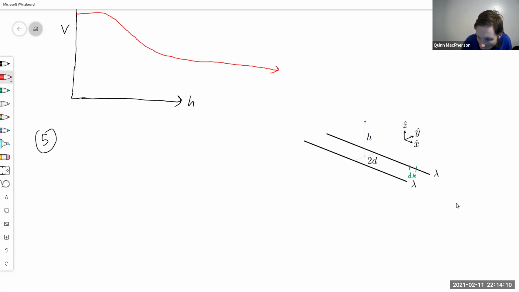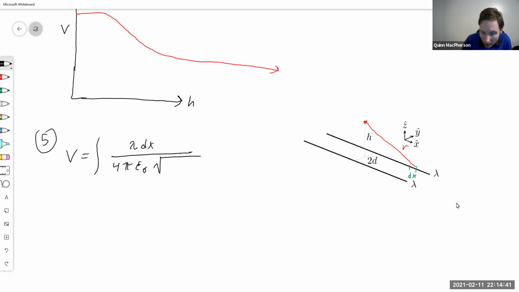They are a distance r away from the point of interest, and voltage is basically the integral over your charge distribution of dq, which is lambda dx over 4 pi epsilon naught, and then we need r. R is the square root of h squared plus d squared plus x squared, just like it was above.